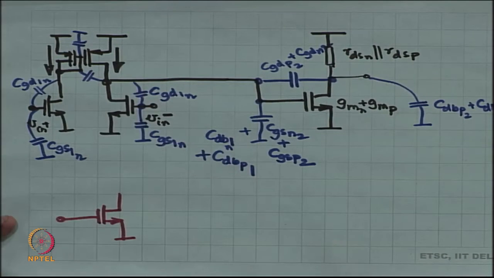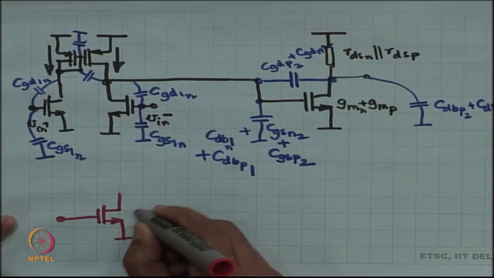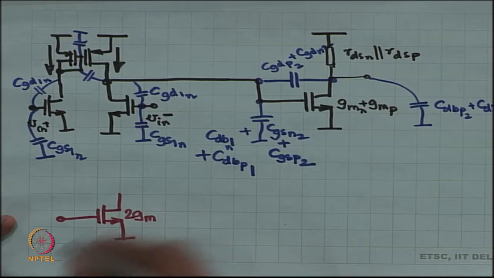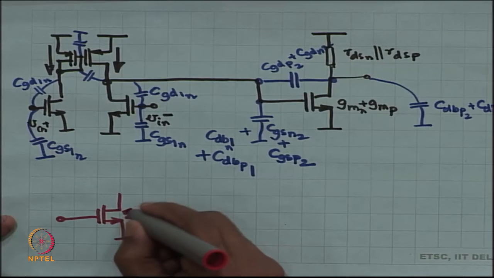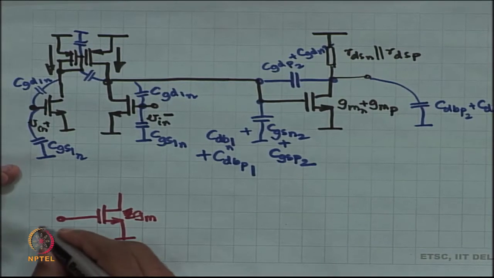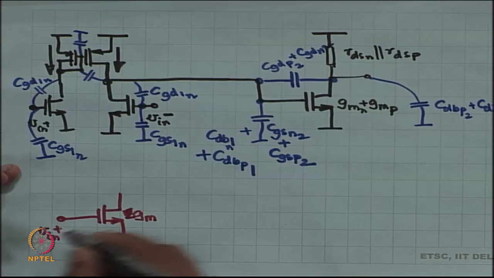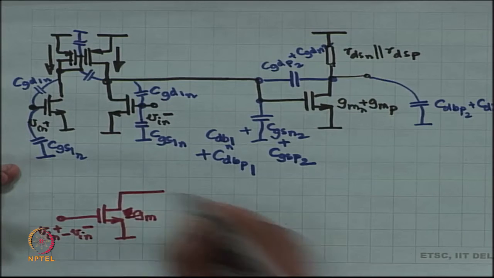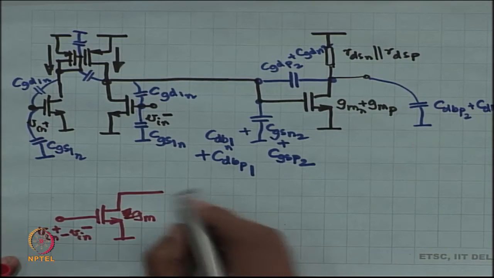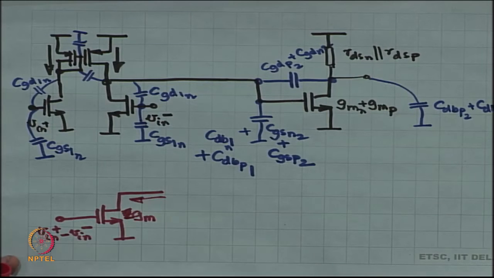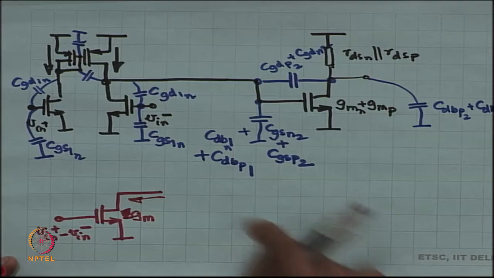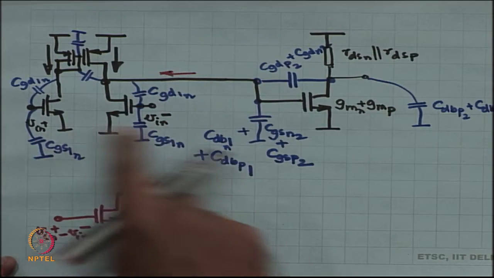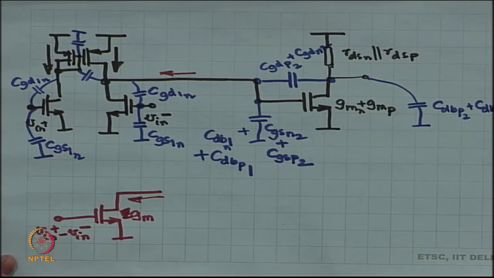All that we are going to think of is something that looks like this, V in plus minus V in minus, and GM times that current is pushed in. Remember, this current was GM times V in plus minus V in minus.